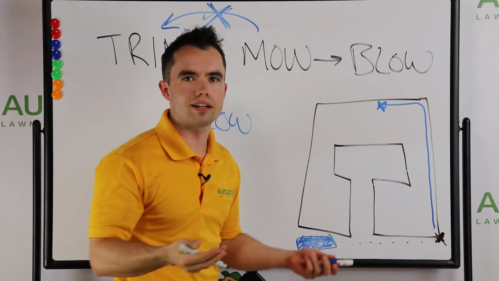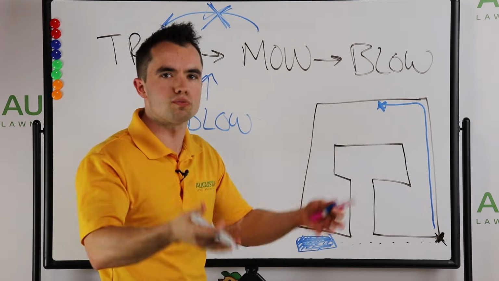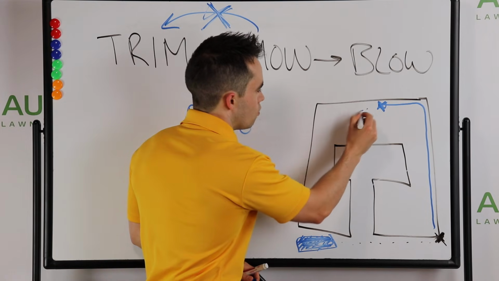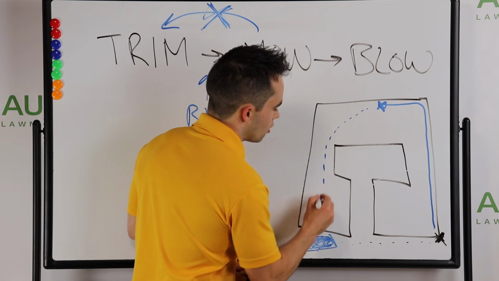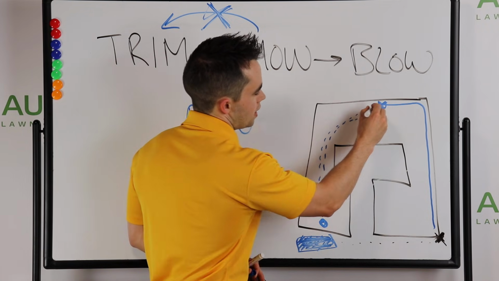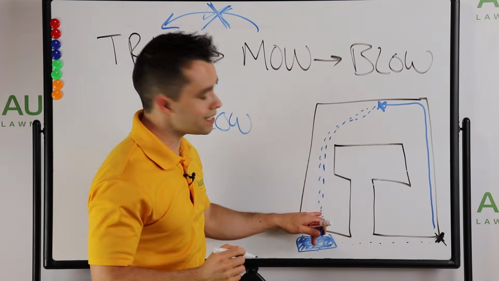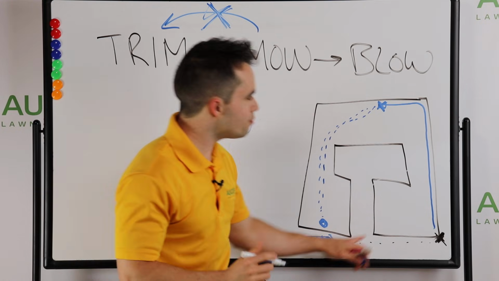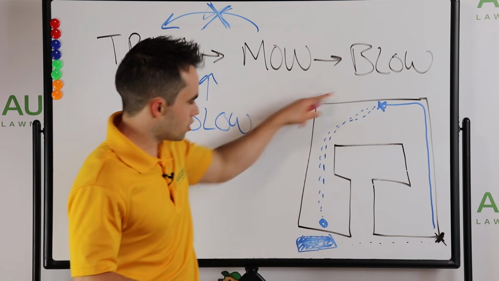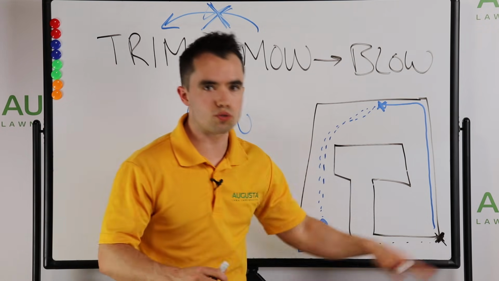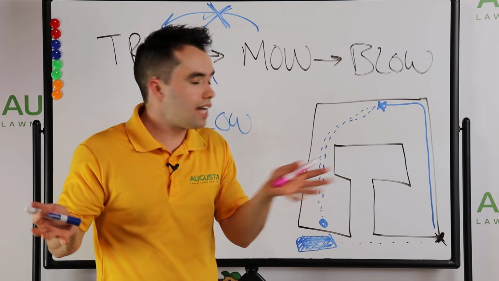I run out of weed whacker line, and I have to refill the spool on the trimmer. Now I have to walk all the way over here, re-spool the line, walk all the way back, and start again. All of this is wasted time, all this walking back and forth. Every time you stop trimming, when you're doing a line, we want to do this in one solid swoop. You should never have to turn off the edger.